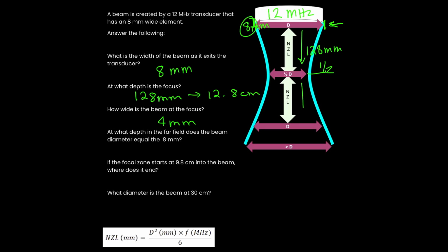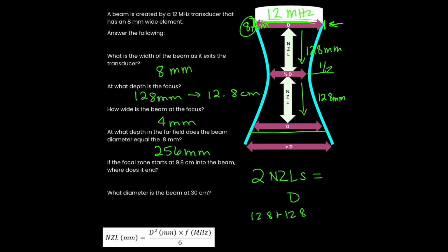So if we travel another 128 millimeters, or another near zone length, we should reach a width that is equal to the diameter. So 2 near zone lengths is going to be equal to the diameter of the element. So 128 plus 128, or 128 times 2, gives us 256 millimeters, or 25.6 centimeters.